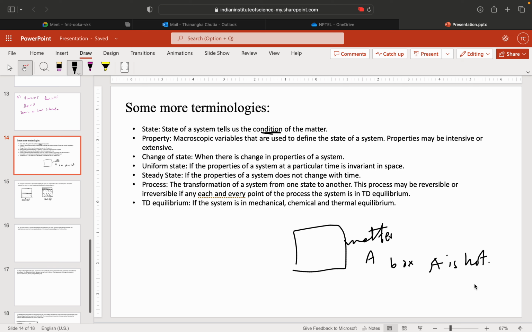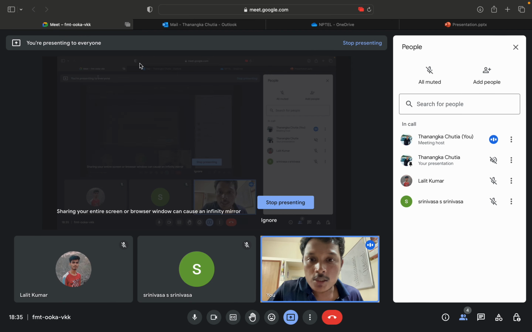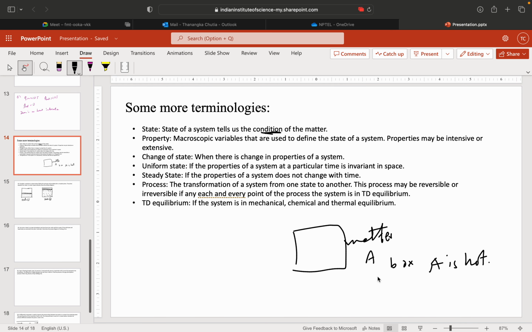Now, does it give anything quantitative about what type of hot? Is it hotter than something, or what does hot mean? Because hot, cold, small, large are all comparative terms. That is why, to define this state of the matter properly, we have some macroscopic variables.